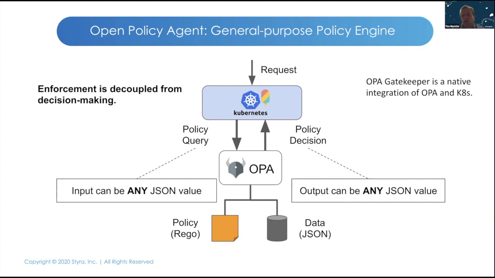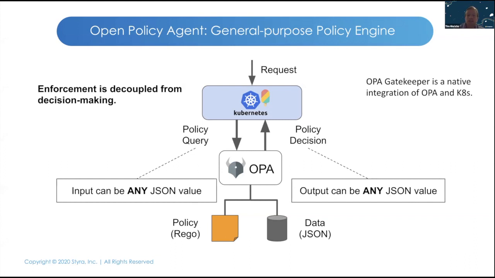And then OPA's response is also arbitrary JSON. As you'll see in a moment, typically what we see in terms of people writing policy is that the decisions for Kubernetes amount to a list of error messages, a list of problems that this new configuration, this new resource, this new YAML file has, and so therefore should not be deployed to production.